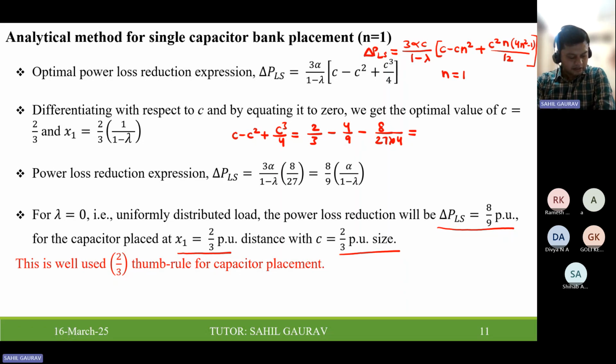I think in this something is wrong. X1 is 2/3. But it is not coming 8 upon 27, it is coming 4 upon 27.